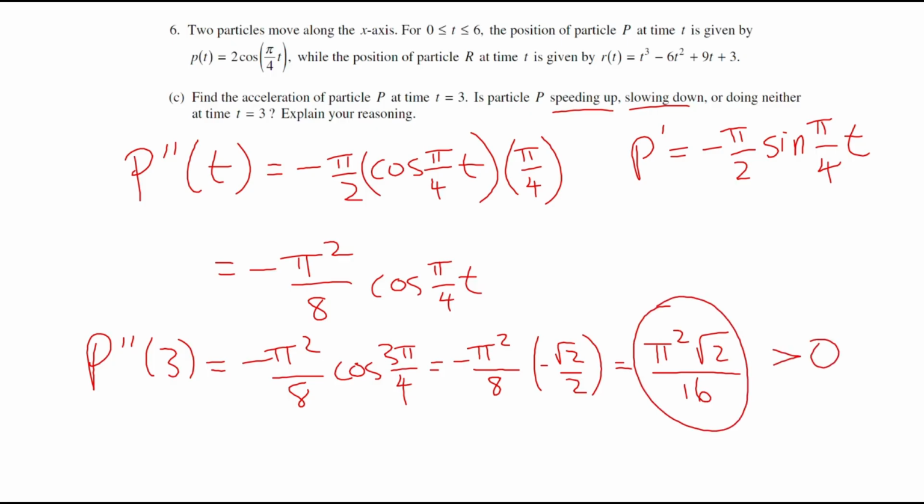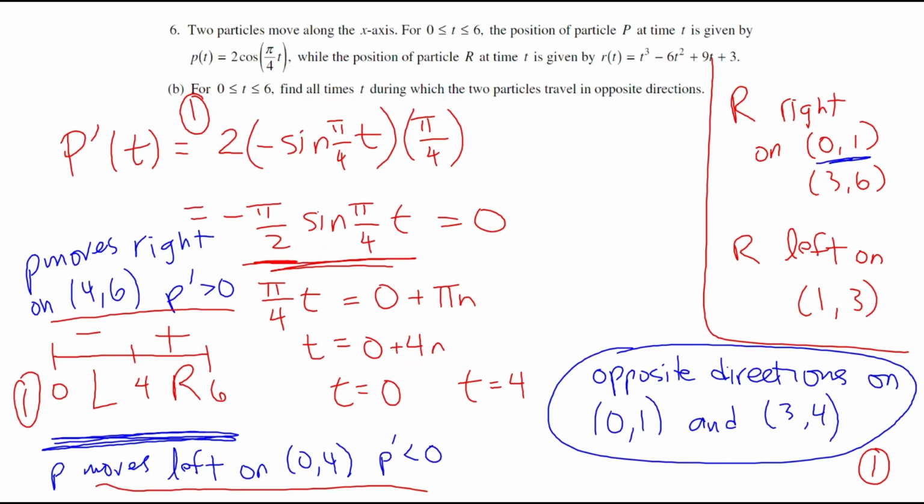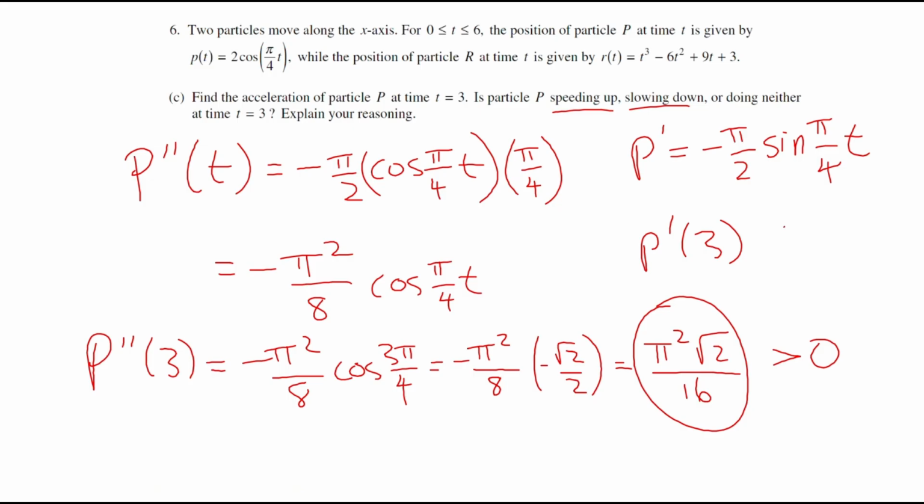And we know that that's greater than 0, which is important because if we look back at our chart, p prime of 3 was negative, so p prime of 3 was less than 0, whereas p double prime of 3 was greater than 0. And if the sign of the velocity and the acceleration are opposites, then the particle is slowing down.